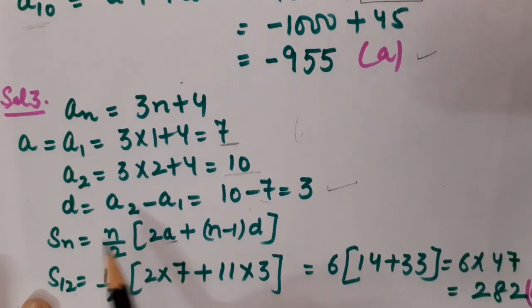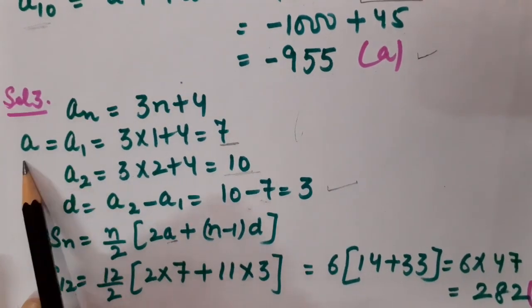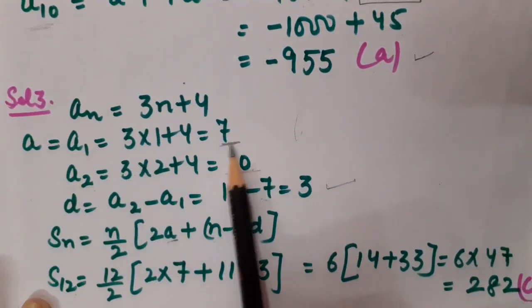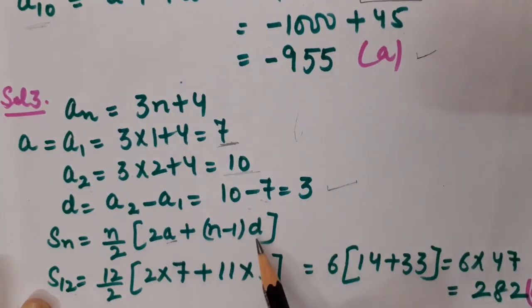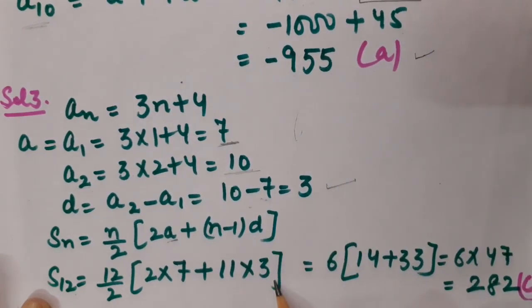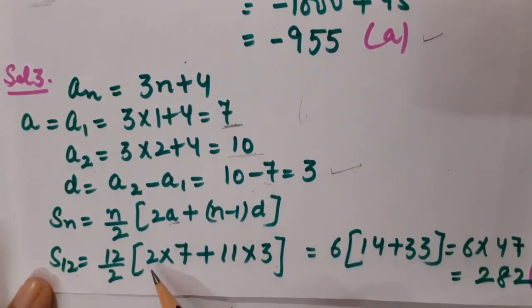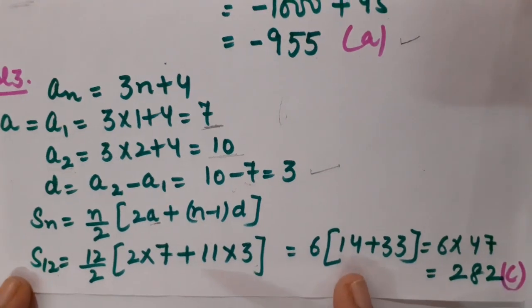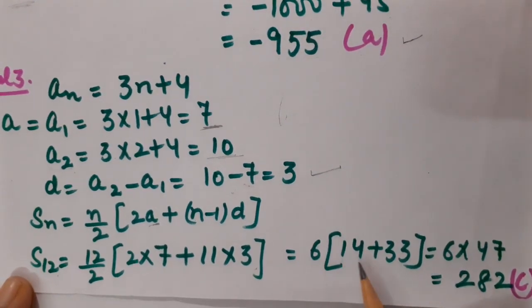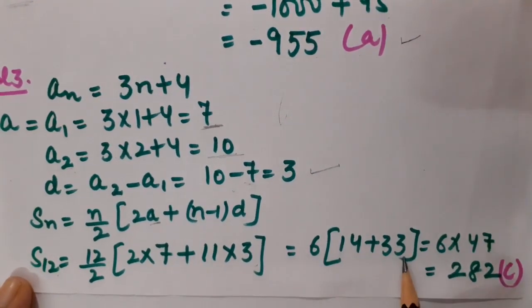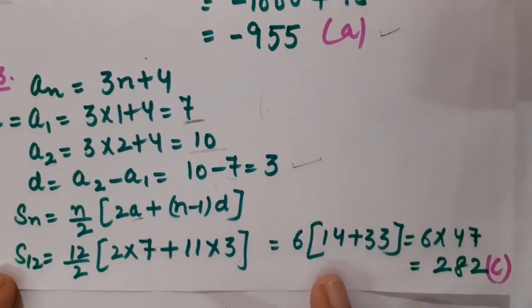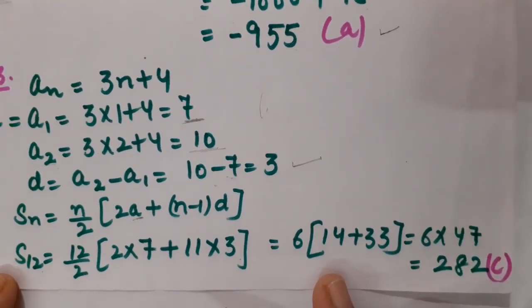A is the very first term, that was A1 actually, that is known as A also. So that is 7 and D is the common difference 3. So while substituting the values, I have got 12 by 2 into 2 into 7 plus 11 into 3. Apply BODMAS. This will be 6 into 14 plus 33. That is 6 into 47, which is equal to 282.